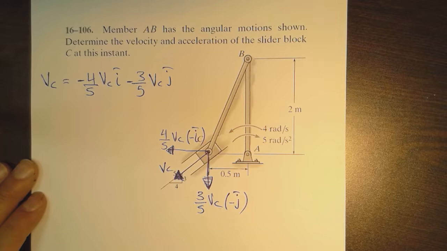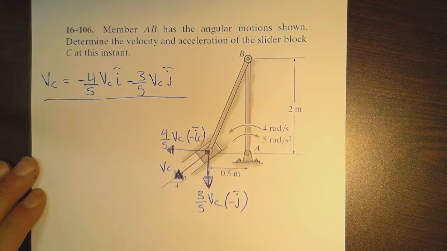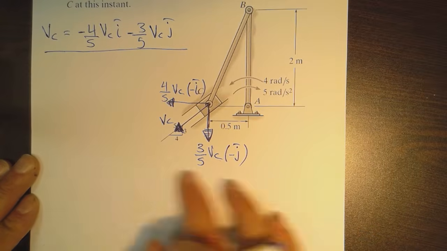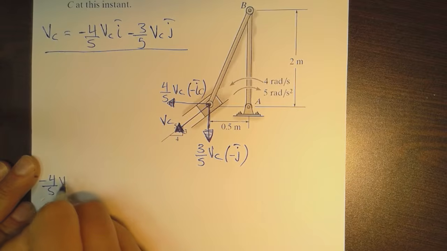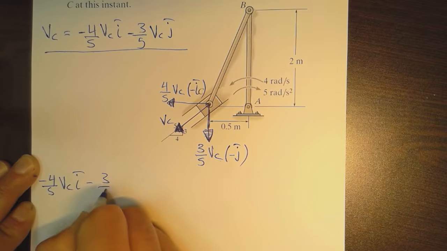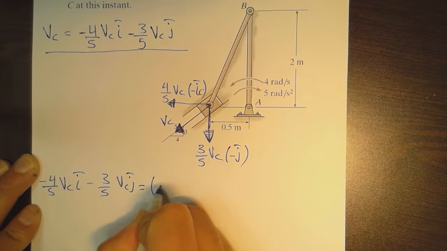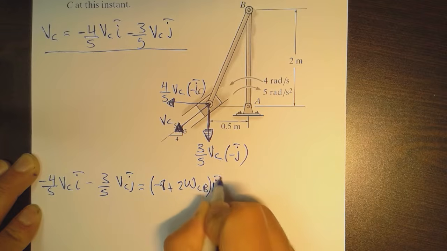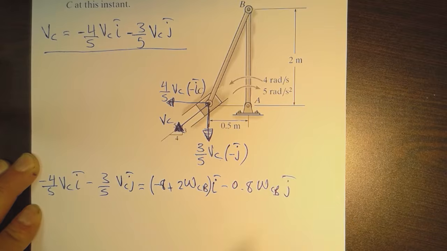We are going to equate this with the previous relation that we came up with. I'm going to write this down here because it's going to be a long equation: minus 4 over 5 VC i minus 3 over 5 VC j is equal to minus 8 plus 2 omega CB i minus 0.8 omega CB j. So that's what we have right now.